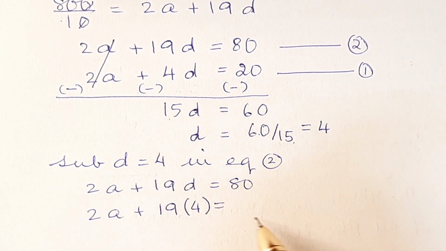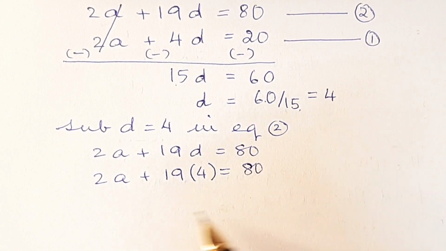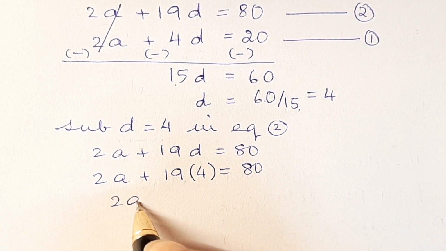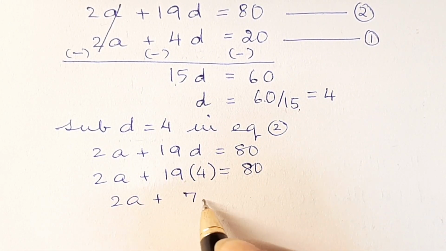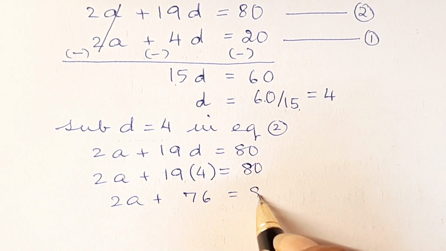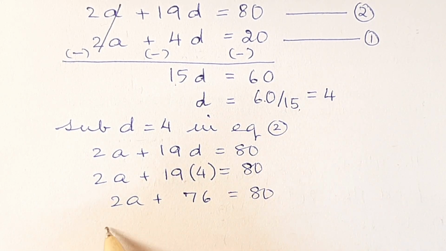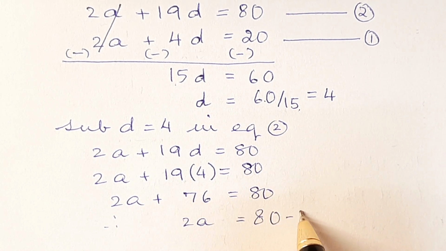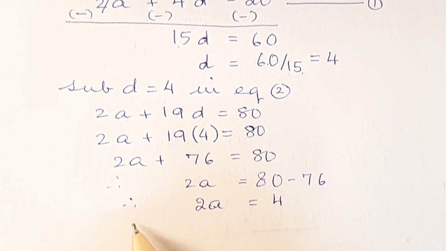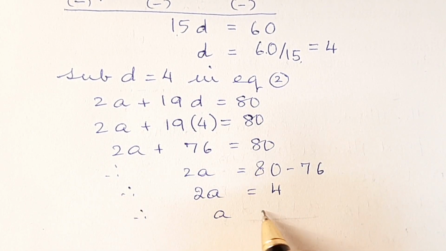We substitute the value of d, and that will give us 2a plus 19 fours 76, which is equal to 80. That will give us 2a equal to 80 minus 76. Therefore, we'll have 2a equal to 4. Therefore, a equal to 4 upon 2, which is equal to 2.